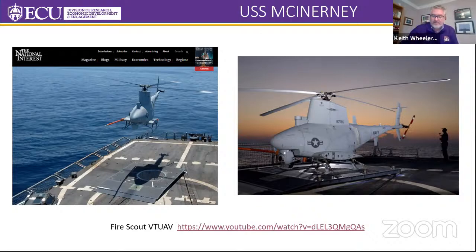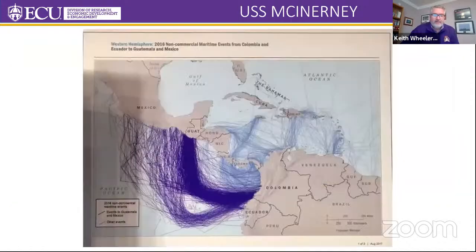And I think I've got a graphic here. Yeah, so this is a year's worth of non-commercial maritime events from Colombia and Ecuador into Guatemala and Mexico. They could range from what we call go fasts, which are just anything that you can put an outboard motor on.